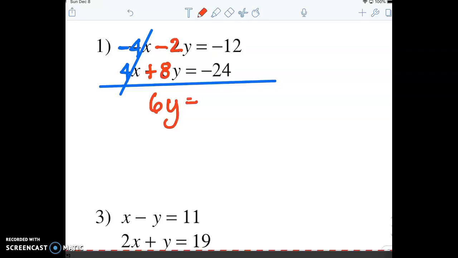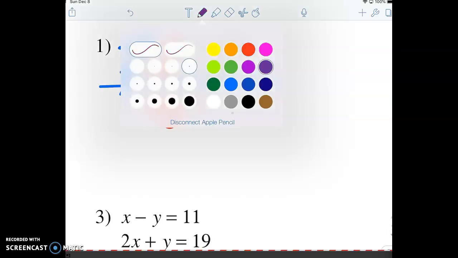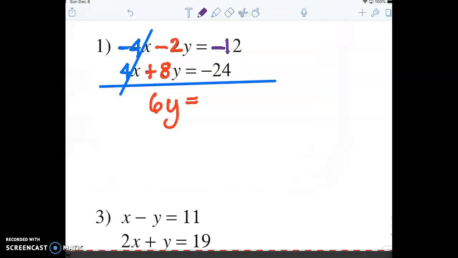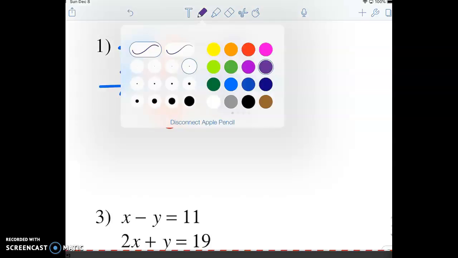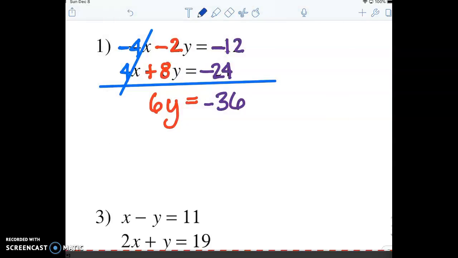The equals stays just where it is, and then I'm going to add these numbers together. So I have -12 and I have -24. This means it gets more negative, and I end up with -36. So now I'm looking to get y by itself, and I'm going to divide by 6 on both sides to make that happen, and I get y equals -6.